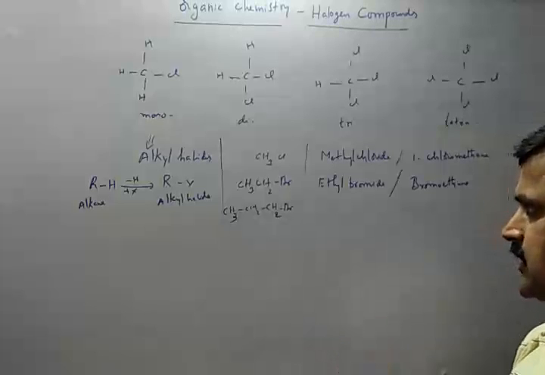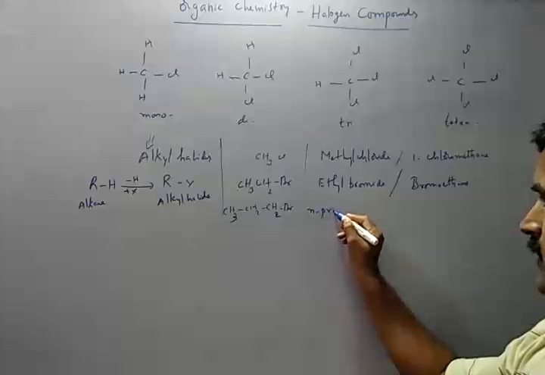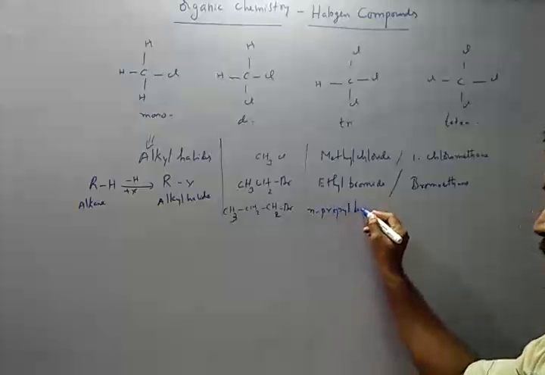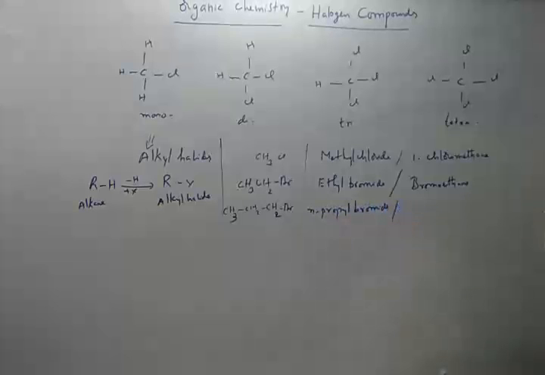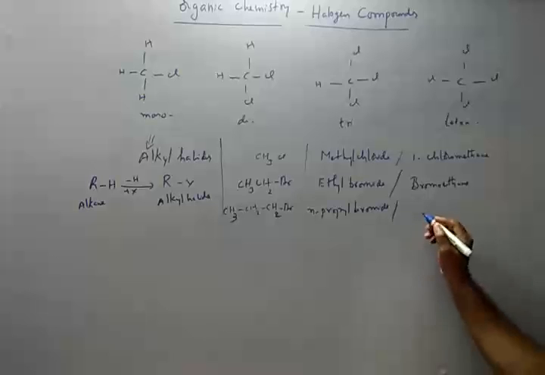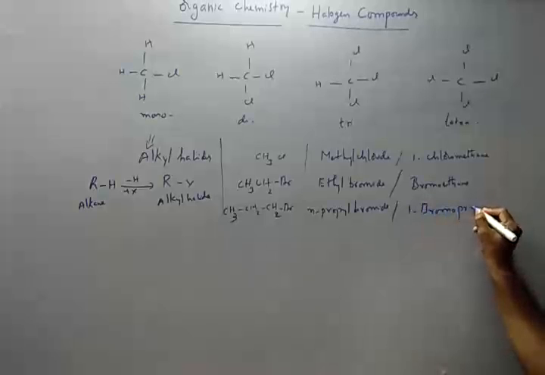So this alkyl halide can be called N-propyl bromide. And as per the IUPAC nomenclature, this is called 1-bromopropane.